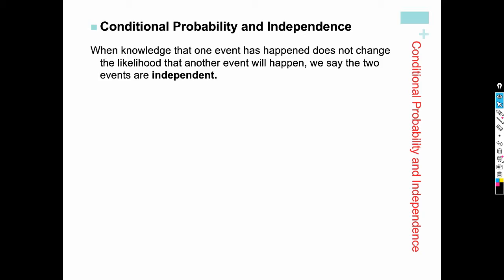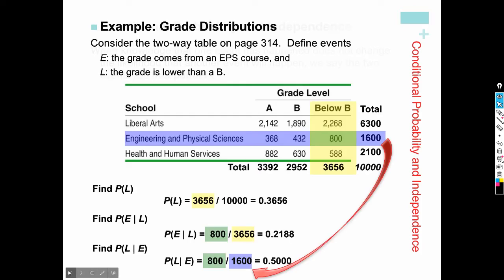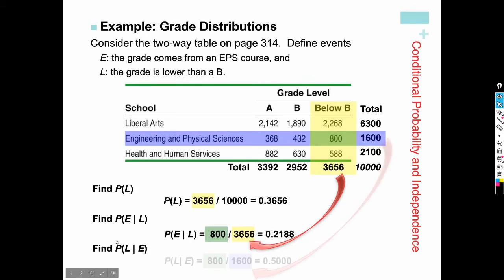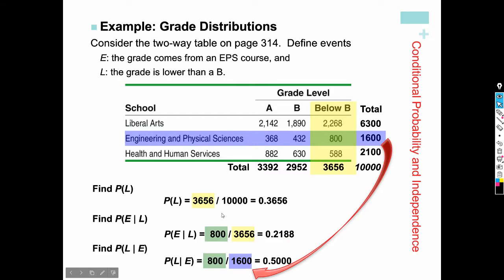If the events are dependent, that means that me telling you something about the person does change the outcome. So in the last example, notice that the probability that they scored below a B changed when I told you they're from the engineering and physical sciences class.